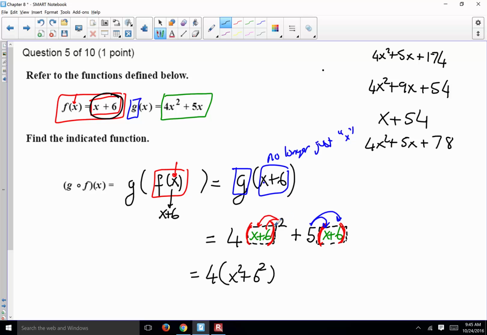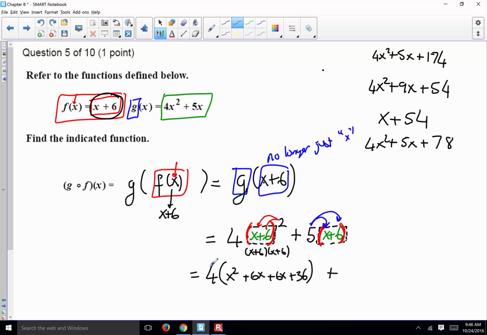So take your time here and square this nice and slow by FOILing it. This is x plus 6 times x plus 6. I FOIL first terms, x squared, outside terms 6x, inside terms 6x, right? And then last terms, 6 times 6, 36. That's how I FOIL it.